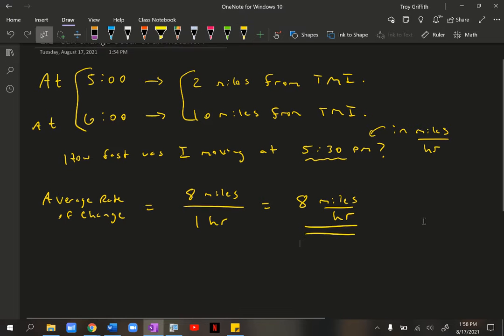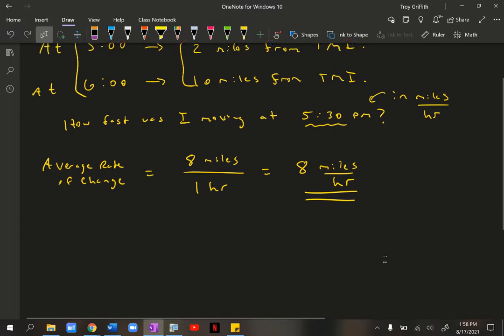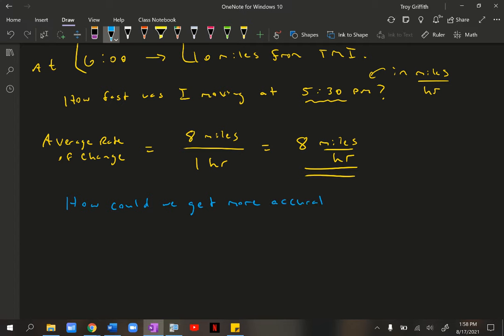So hopefully you kind of follow what I'm doing right there. My next question would be, is there a way that I could make this more accurate? How could we get more accurate here? Remember, I'm trying to figure out exactly where we're at 5:30 p.m. I was only given data points at 5 o'clock and at 6 o'clock, but maybe if I get some other better data points, I could come up with a better estimation.